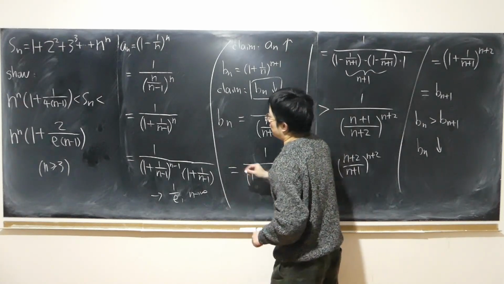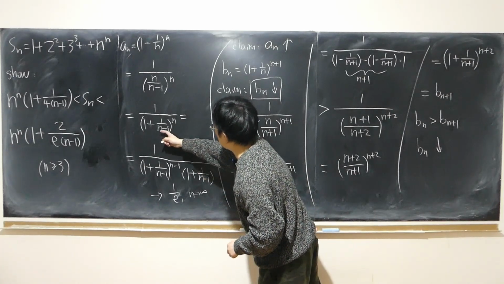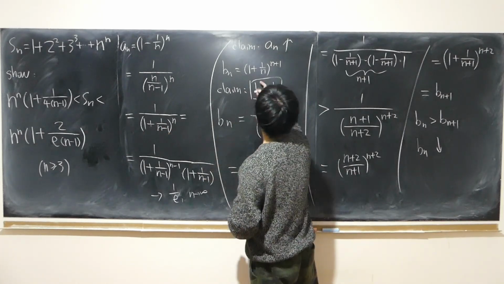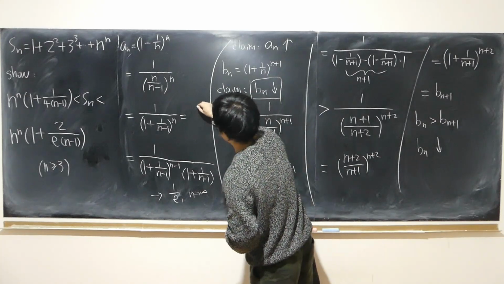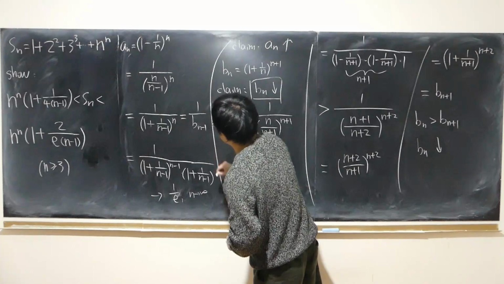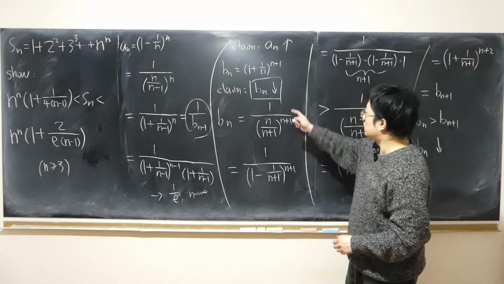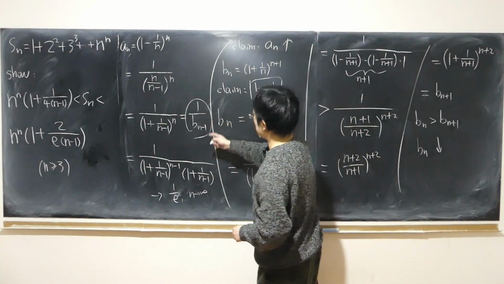But when you look at here, here is n minus 1, there's n, there's n plus 1. So obviously 1 over B(n-1). Bn is decreasing, so this must be increasing.